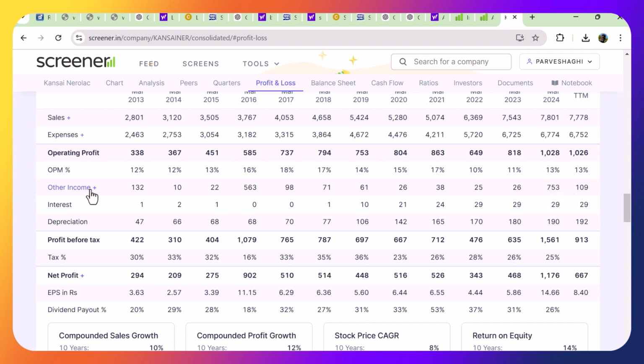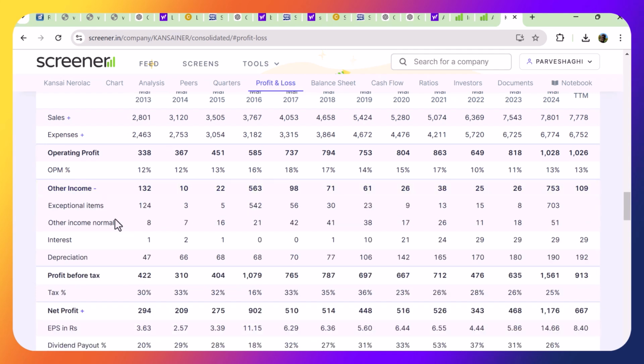The other income is coming from non-operating activities, not from selling their products. They have sold some kind of asset and realized some good money, and that has pushed up its earning per share this year. So this is just an aberration; it does not mean there are high growth prospects. They have realized some money from other income rather than running the business. You can also look at exceptional items, 703 crores.